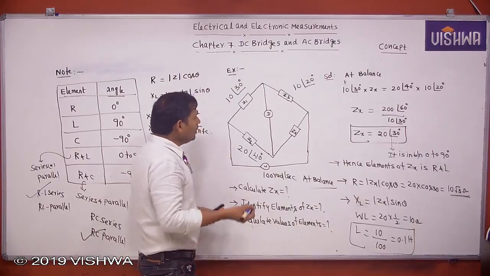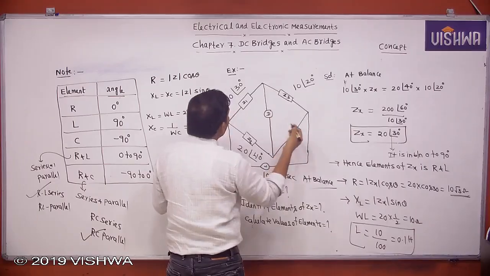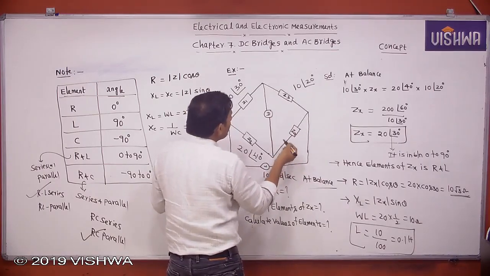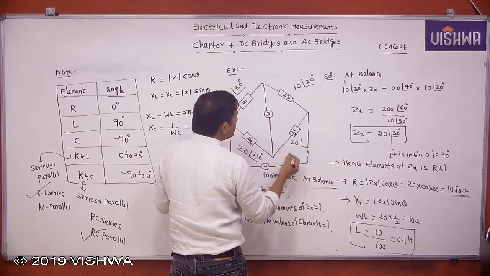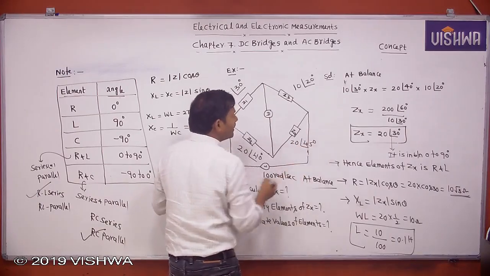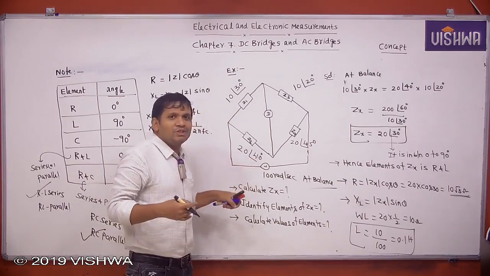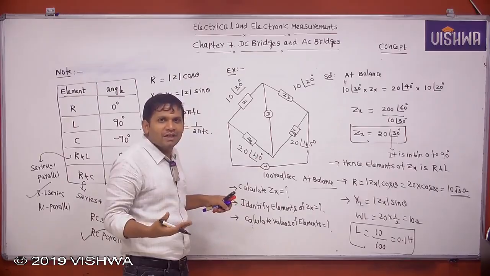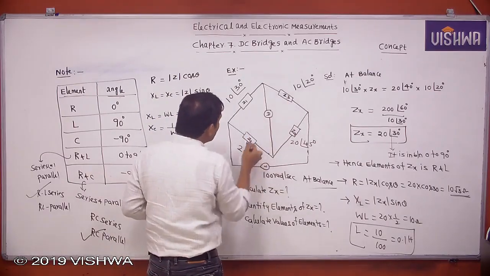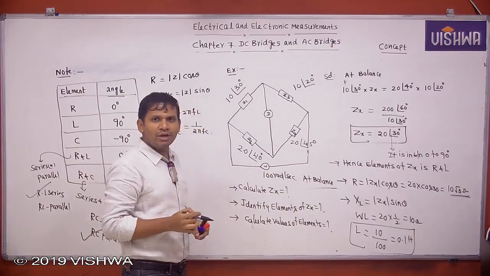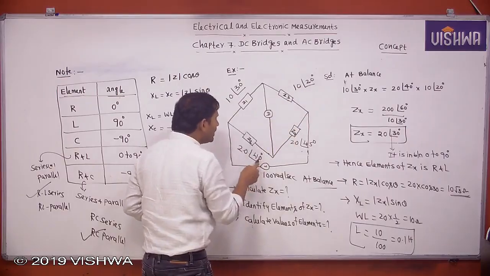For example, in the same model, let this be Z4 and it is given as 20 at angle of 45 degrees. For example, if asked to check the balance condition of a bridge, check means 10 into 200, 10 into 200. Yes, the magnitude condition is satisfied. 30 plus 45, 75, 20 plus 40, 60 degrees.